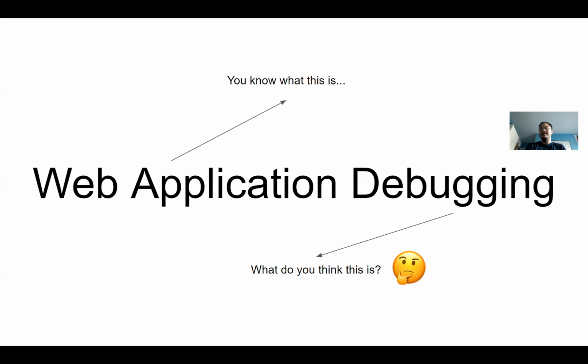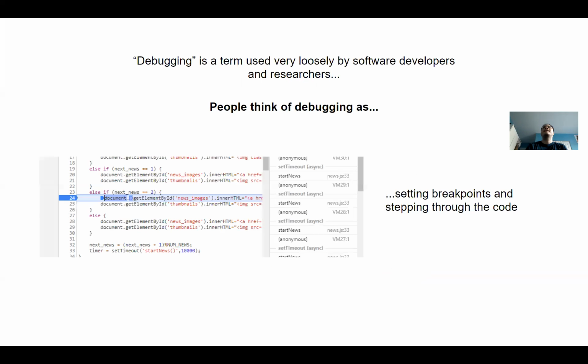But let me give you guys some answers that I think some of you might have given. When you hear the word debugging, a lot of people probably think of it as setting breakpoints and stepping through the code. For example, in this image right here, you have this JavaScript code. I'm pretty sure this one actually comes from my website.